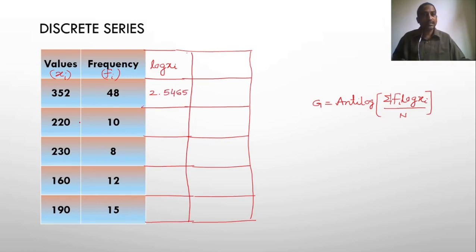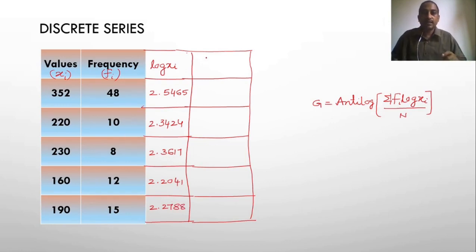This is also 3 digits, so 2.22 under 0 is 3424. 230 is also 2.23 under 0, 3617. 160 is 3 digits, so 2.16 under 0 is 2041. 190, 3 digits, 2.19 under 0 is 2788.